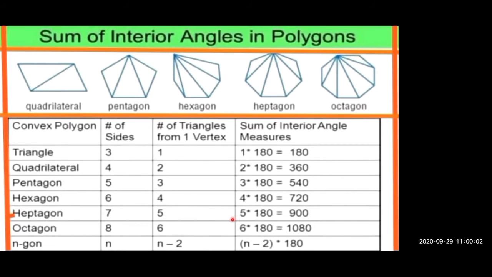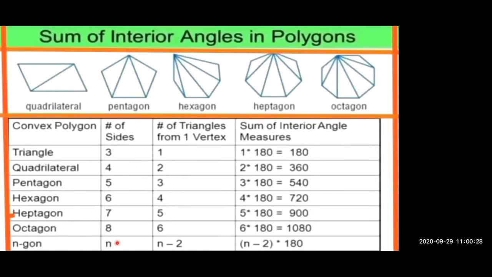Therefore 5 into 180 equals 900. In octagon, 8 sides, 6 triangles. Therefore 6 into 180 equals 1080 degrees. N-gon, a polygon is there. Its name is n-gon.